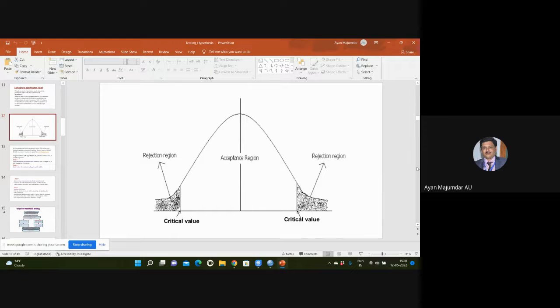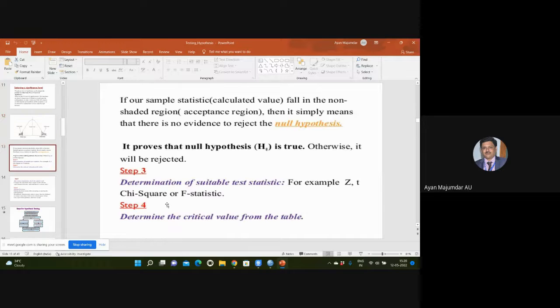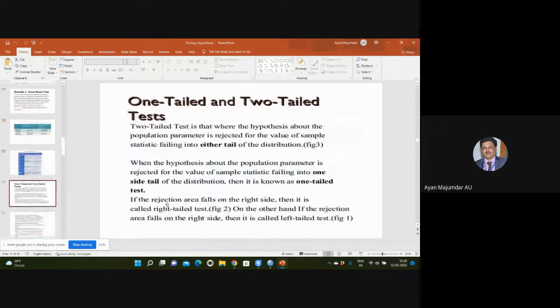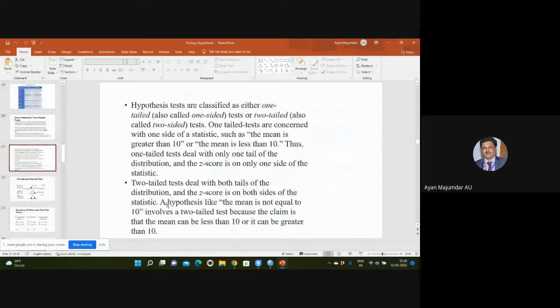Just now, when we were talking about the classical method, whether the value falls in this critical region or not. If it falls in the critical region, we are saying that the null hypothesis will be rejected. Now, it can fall on this side, it can fall on this side also.